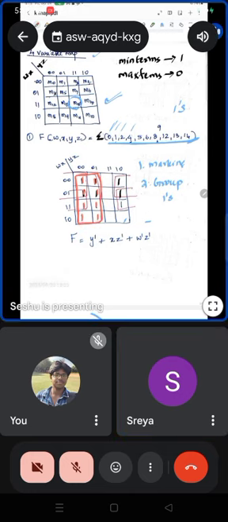Then what is remaining? These 3 ones are not grouped still. How can we group them efficiently? These 2 ones can be grouped with these 2 ones together, so these 4 ones will fall into one group, because this cell is adjacent with this cell, and similarly this cell is adjacent with this cell.